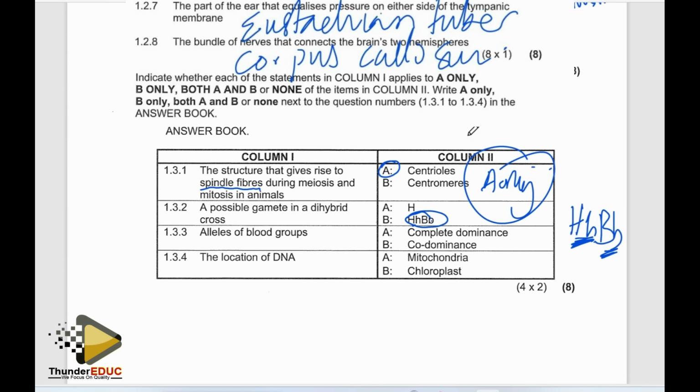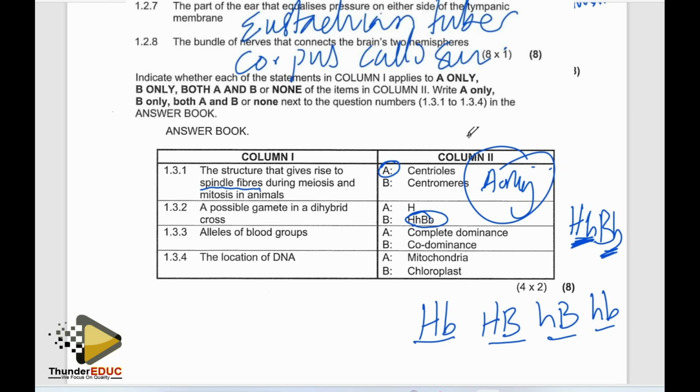You understand? This is a genotype. So it would have been capital H, small b, maybe capital H, capital B, small h, capital B, small h, small b. So indeed, if those are the gametes we are talking about, those are the gametes for the dihybrid.